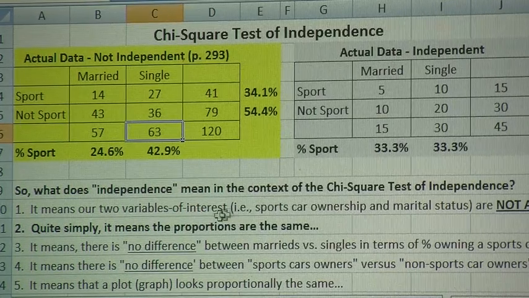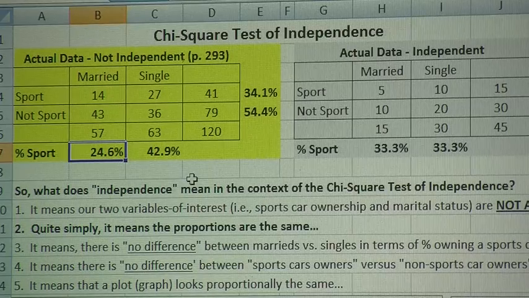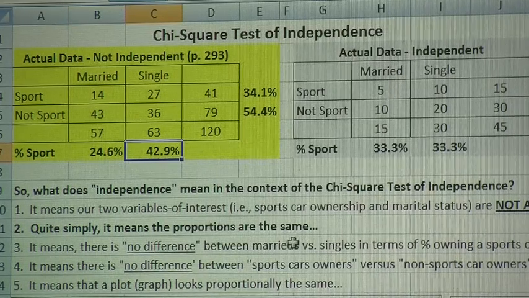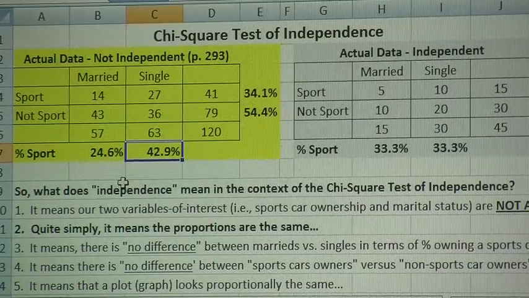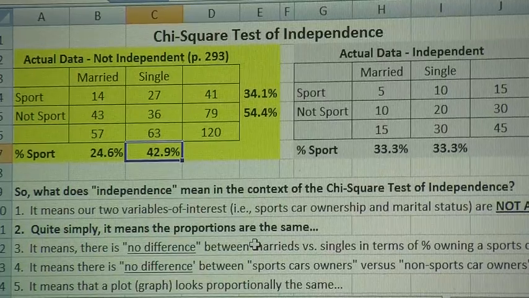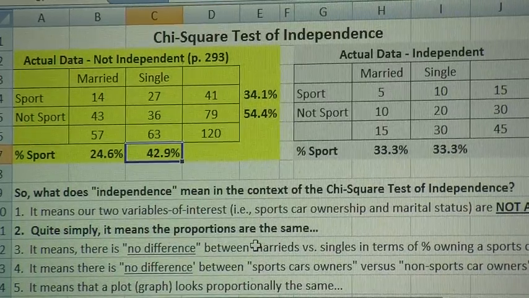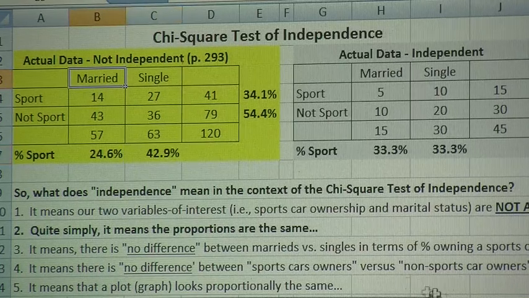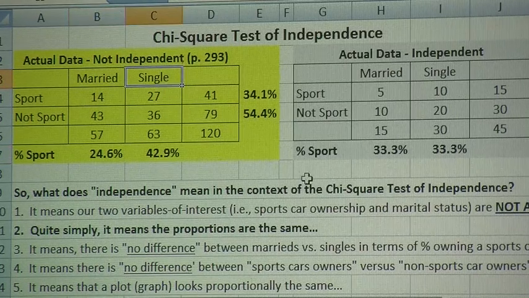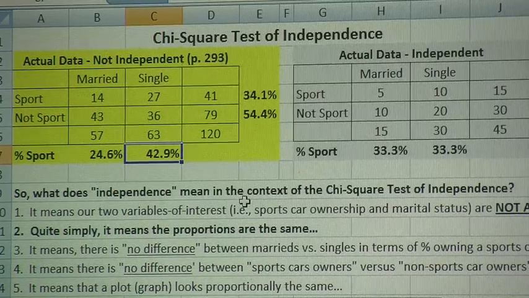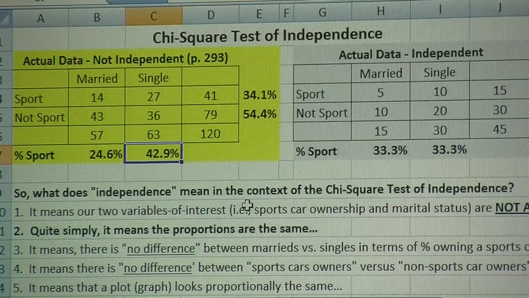So what we're interested in here is not whether 25% is equal to 43%. We expect our observed proportions to be different from one another. What we're interested in, though, is the difference between these two observed proportions. Is the difference between them large enough to conclude that the proportions in our two populations, population number 1 being married people, population number 2 being single people, are different?